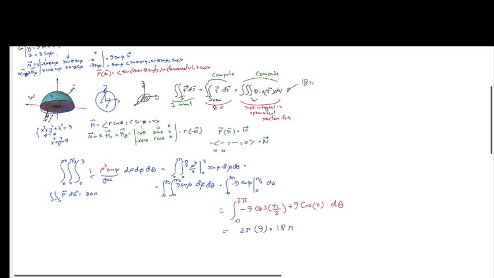The sum of the two surface integrals is supposed to be 18 pi, so the surface integral of f dot dS on the original surface is going to be 18 pi.